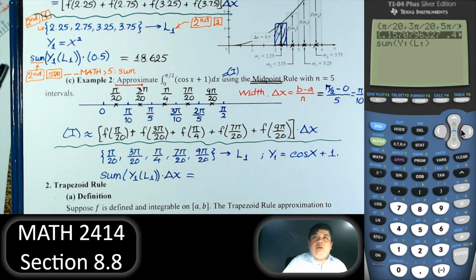Did we store that into a list? Right. And then multiply by the width, pi over 10.